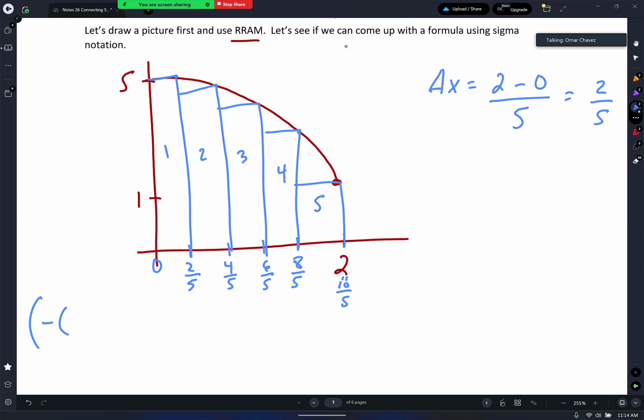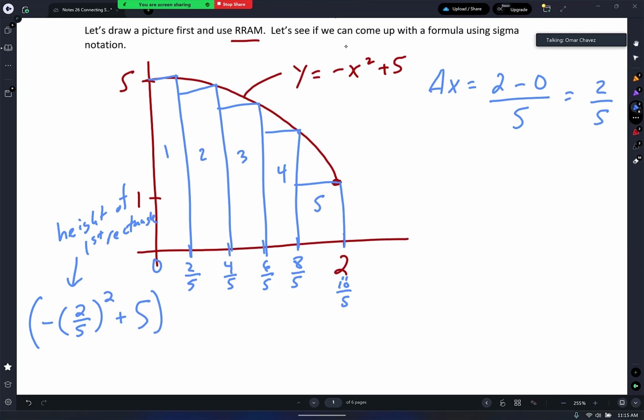Okay, so here's my height. The height is dictated by this curve, and this curve is y equals negative x squared plus 5. So the height of my first rectangle is, parenthesis, negative 2/5 squared, close it, plus 5, close it, and that's the height of the first rectangle.